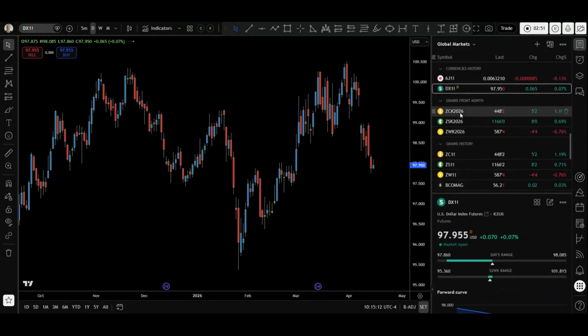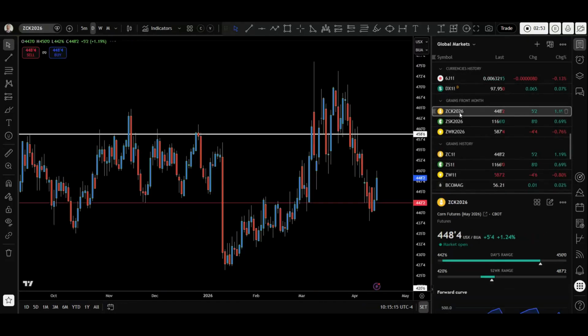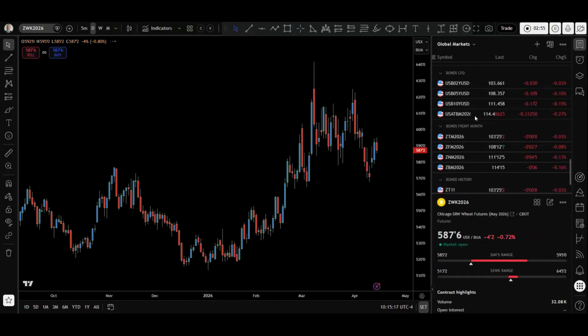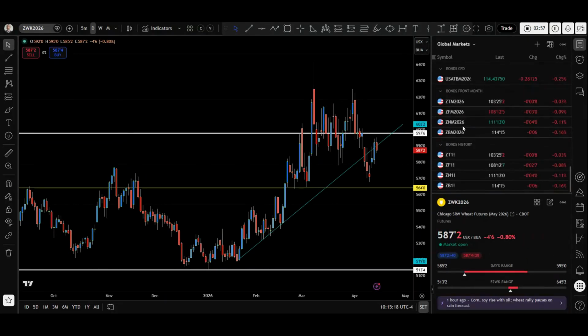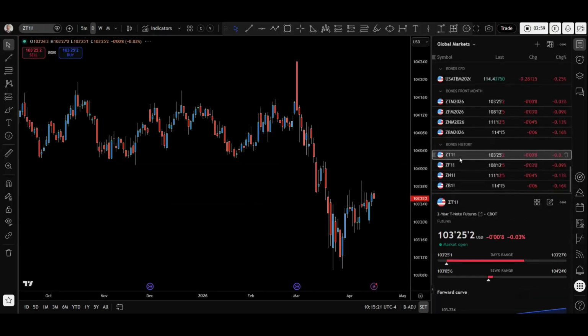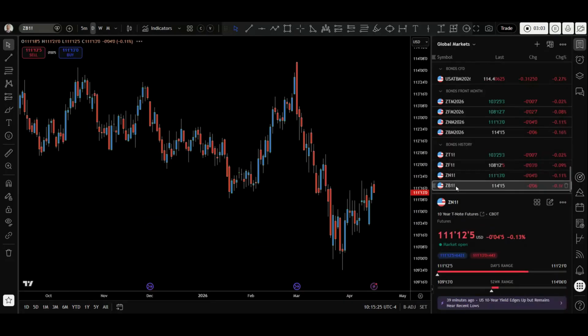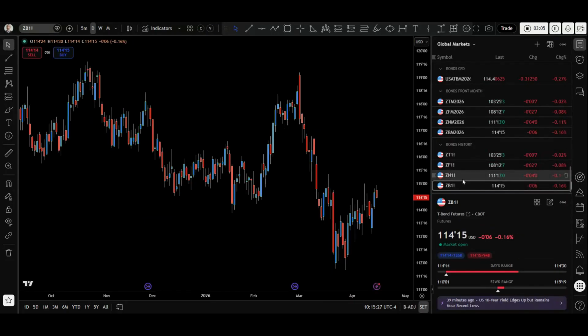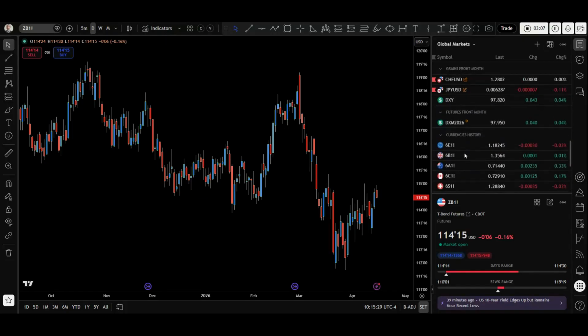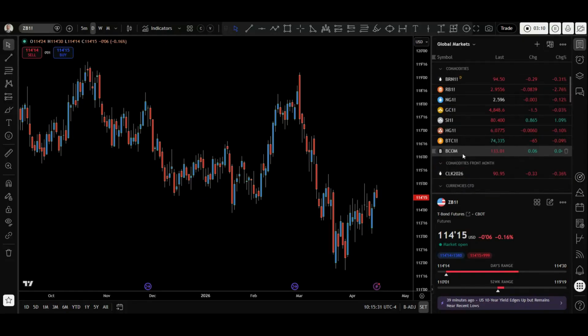And of course, there's the farmers' futures contracts: corn, wheat, soybeans. And then there's even the bond market futures, which are like interest rate futures. You've got the 2-year treasury notes, the 5-year, the 10-year, and the 30-year bond futures. So lots of different products to trade.